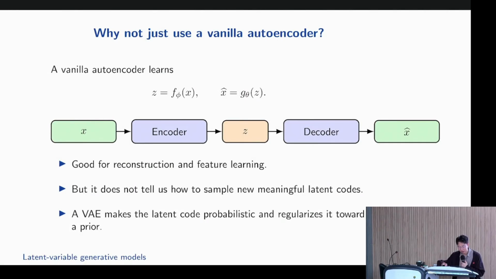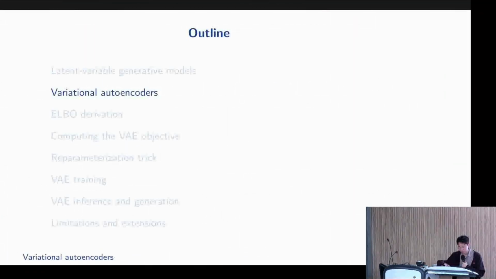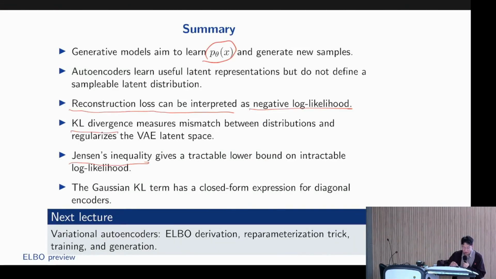We already talked about why a vanilla autoencoder might not be optimal for generation. It could leave some holes in the latent space, and that's not going to generate meaningful images. We drew a picture last time.